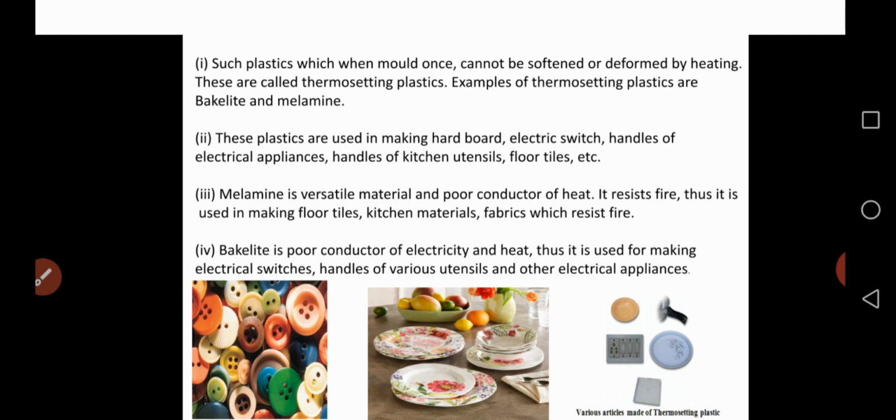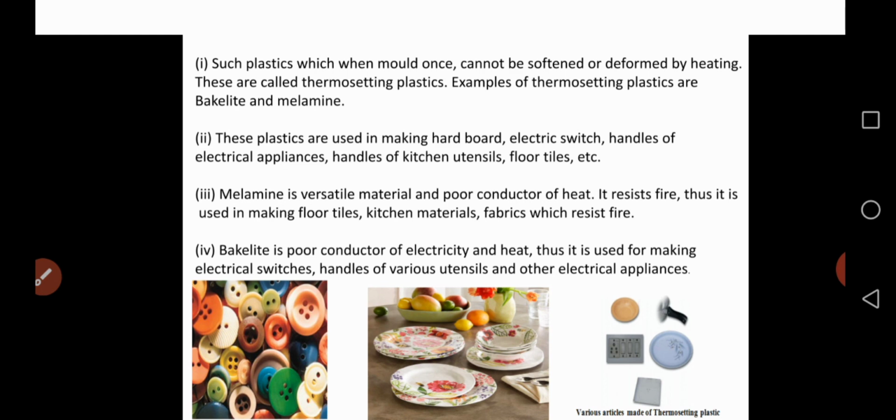Another very important point is that melamine is a versatile material, a very poor conductor of heat, and it also resists fire. Thus it is used in making floor tiles.